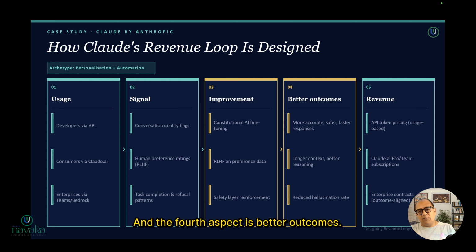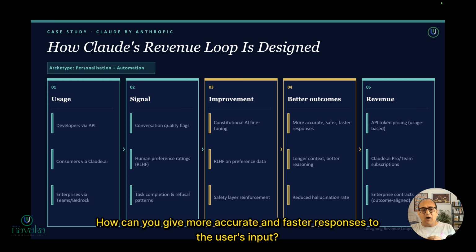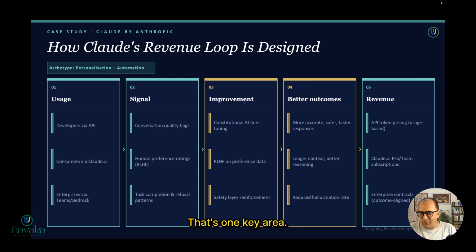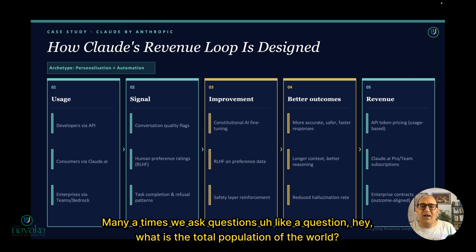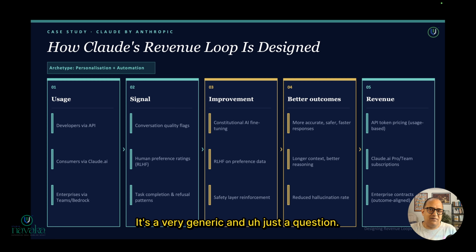And the fourth aspect is better outcomes. How can you give more accurate and faster responses to the user's input? That's one key area. If somebody is giving you detailed information, how are you going to act upon that? Many a time we ask a question like, hey, what is the total population of the world? It's a very generic question.